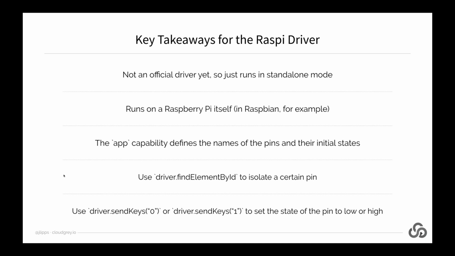Then we can use driver.findElement by ID to find a pin by the name that we gave it in the app capability. And then all we do is we send a 0 or 1 to that pin using send keys to set the state of the pin to low or high. So it's pretty simple. There's not a whole lot you can do with electrical signals like this.